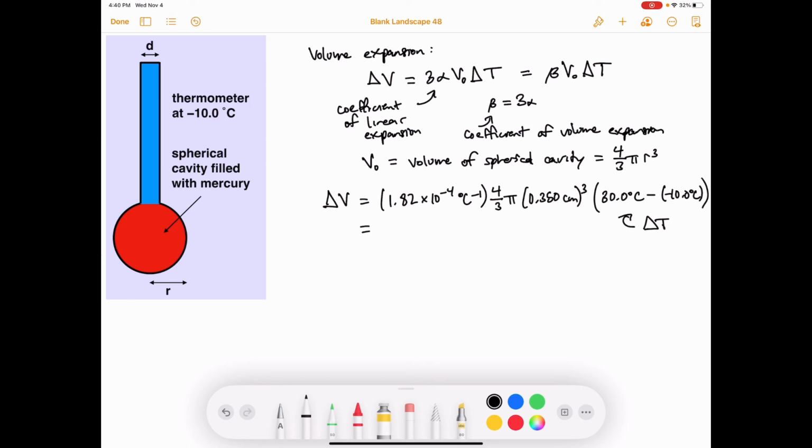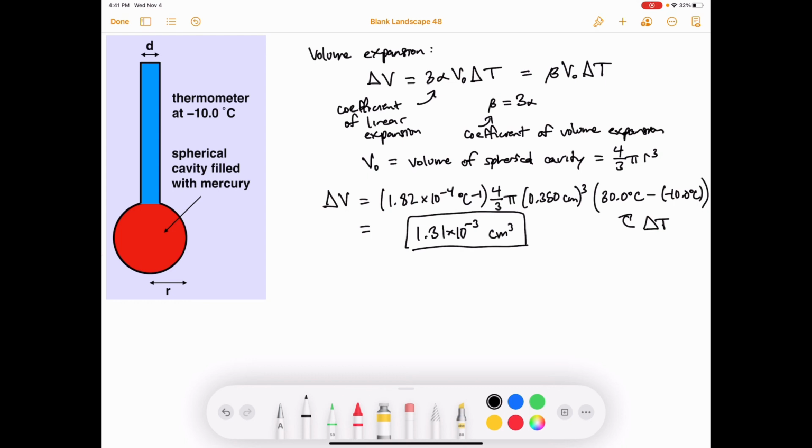So unit-wise, we're going to cancel out degrees Celsius and only be left with centimeters cubed. And this works out to 1.31 times 10 to the minus 3 cubic centimeters. Okay, that's the increase in volume of the mercury as the temperature goes from negative 10 degrees Celsius to 30 degrees Celsius.